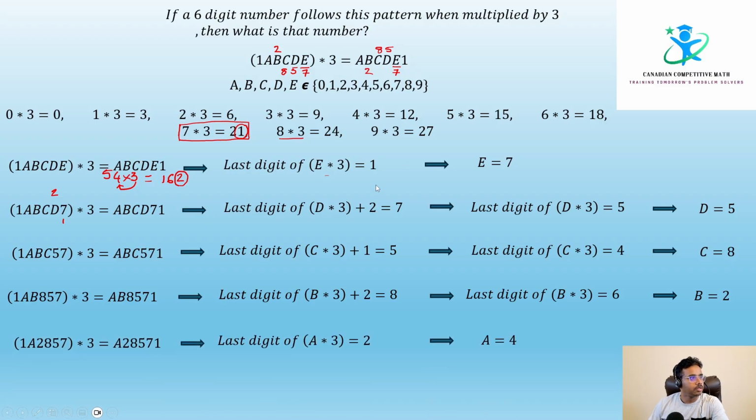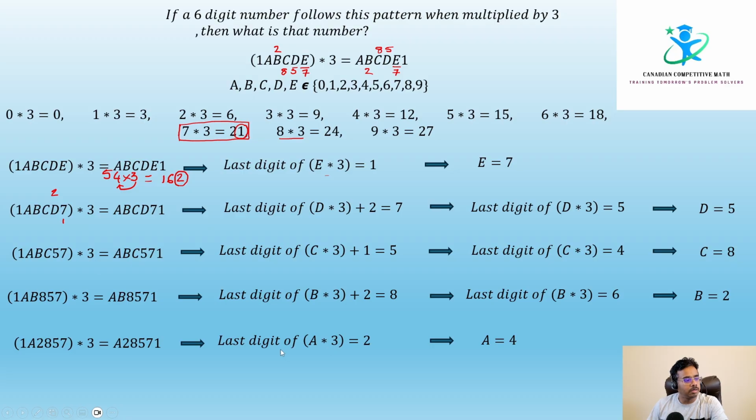So the only thing that is left right now is A. Again we have here the 10,000 position, where we have 2. How will this 2 form? Since we don't have any residual from the multiplication with 2, the 2 will form only when we multiply A by 3.